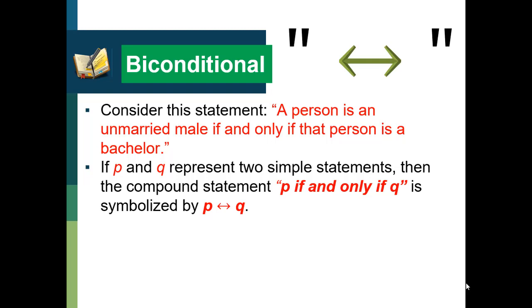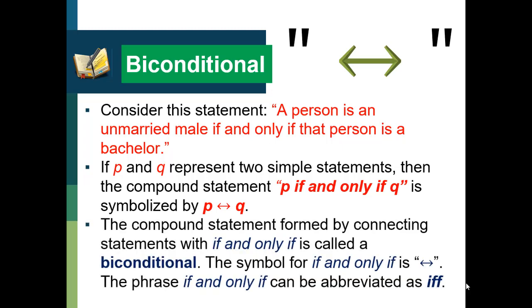Why do we have an arrow with heads in both ends? Because a biconditional represents a statement that is if P then Q, and at the same time if Q then P. Since we have two conditionals in both directions, that's why we have an arrow with heads in both ends.